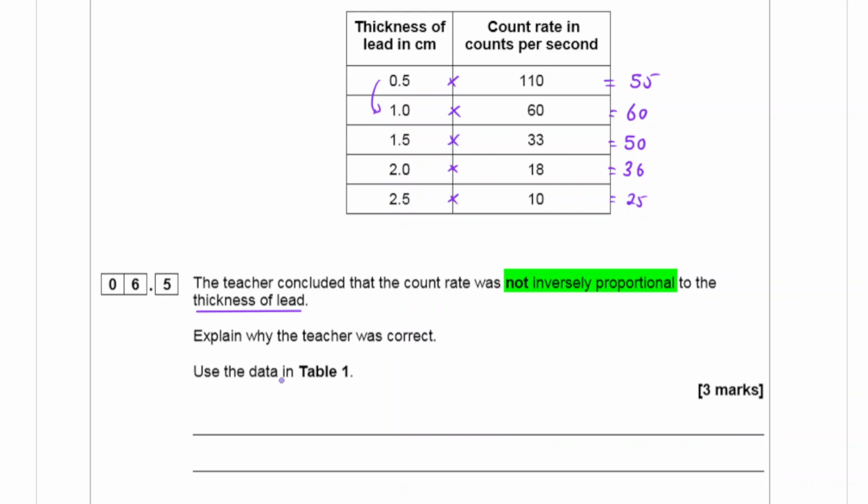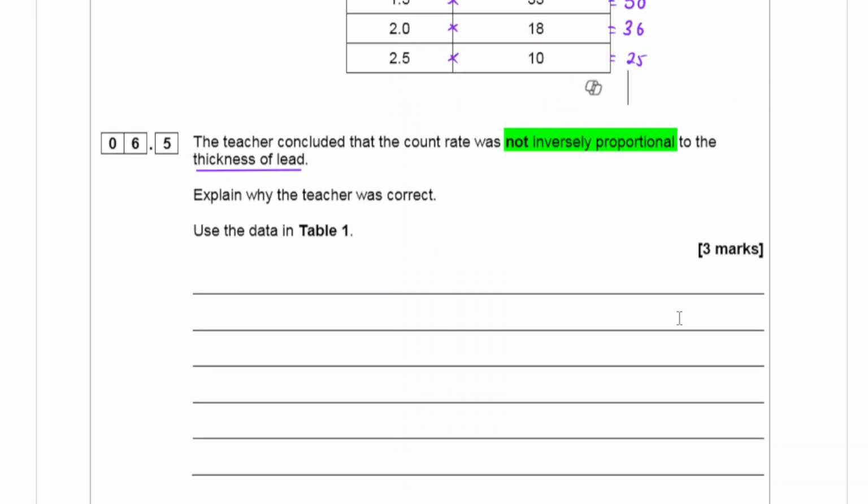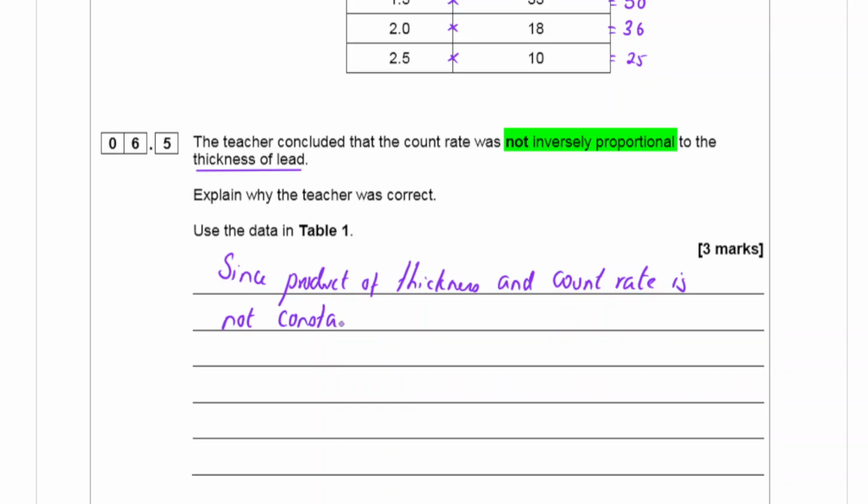So how do we write the answer for this? You can simply write the answer as the calculation. Since the product of thickness and count rate is not constant.